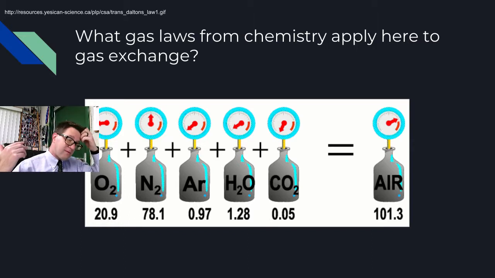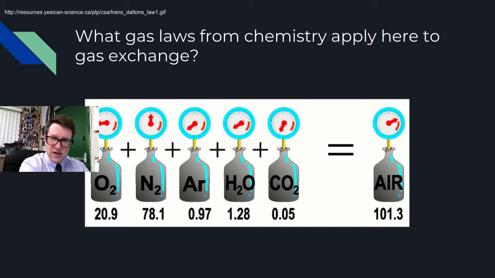If I'm looking at CO2 or oxygen, I need to talk about the pressure of oxygen and the pressure of CO2. The catch is, I can't just pluck out the oxygens in the air and figure this one out just for them. That's not possible. So what we do is apply a rule called Dalton's Law.